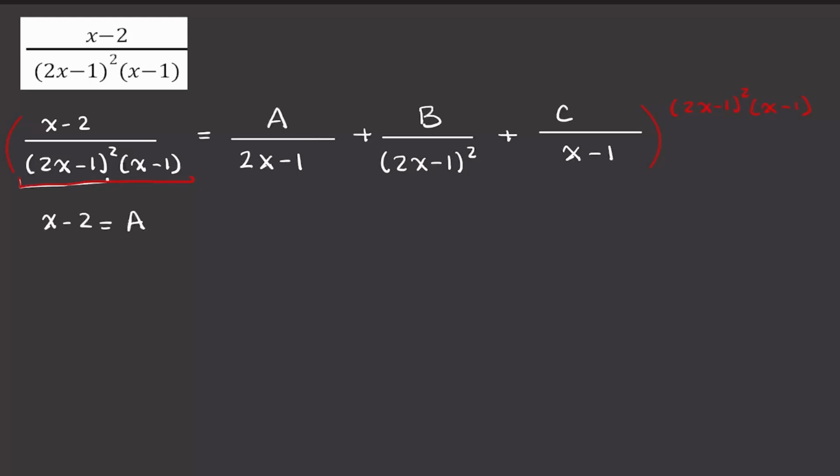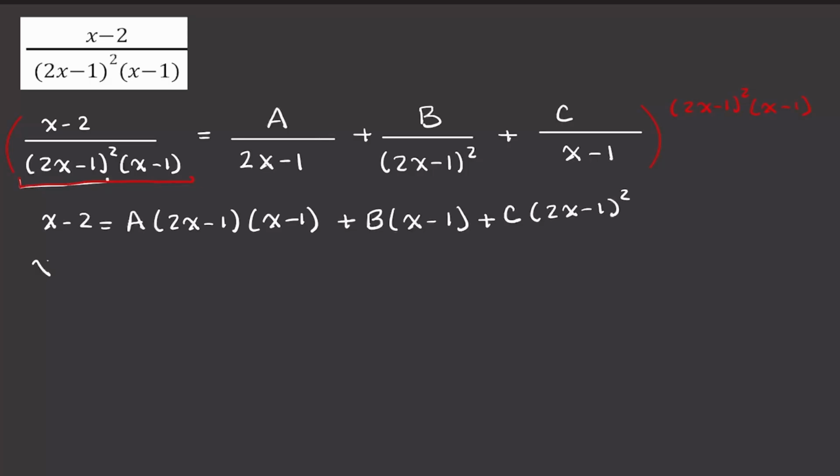Now one of the factors of 2x minus 1 gets eliminated, and we are left with 2x minus 1 times x minus 1, plus b. Now both factors of the 2x minus 1 go away, and you're left with b times x minus 1, plus c, where x minus 1 goes away and you're left with 2x minus 1 squared.